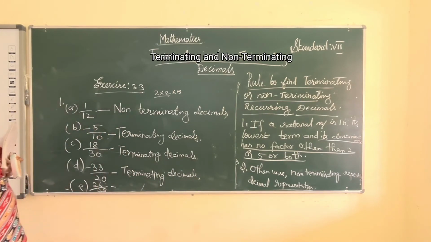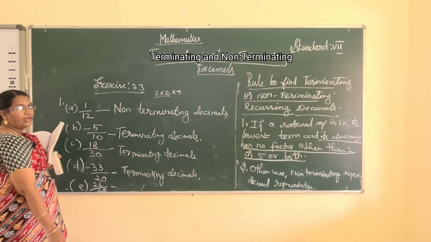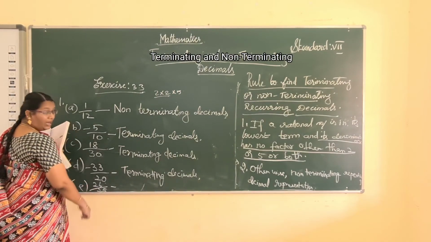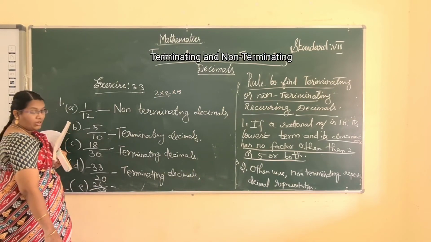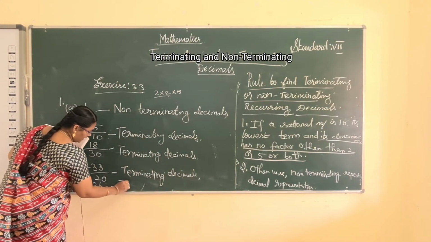And then 26 by 25: 5 5s are 25, so it is terminating.